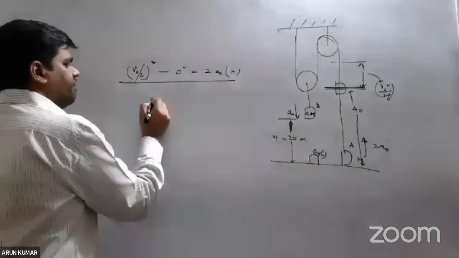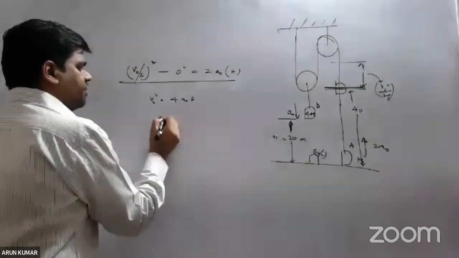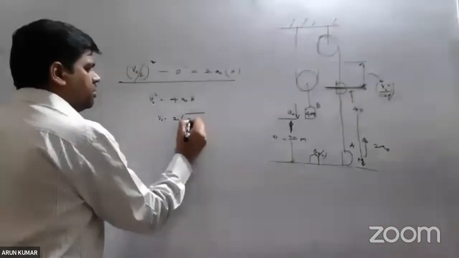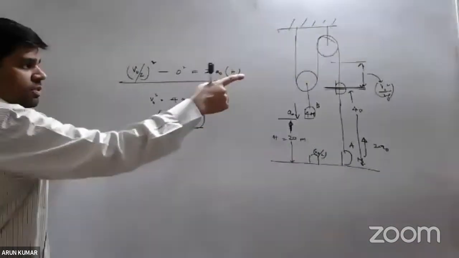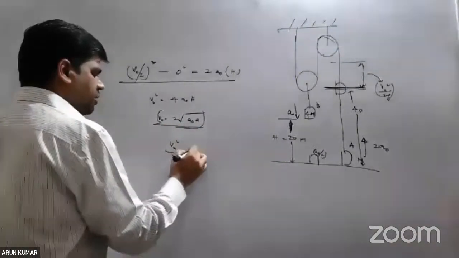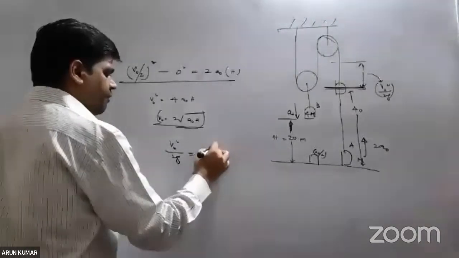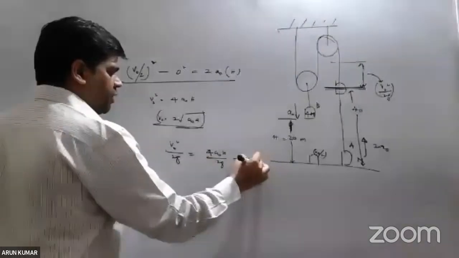So v naught square is equal to 4 a naught h. So v naught is equal to 2 root a naught h. So I substitute this in v naught square by 2g. So v naught square by 2g is equal to 4 a naught h by 2g, plus 40 is my answer.